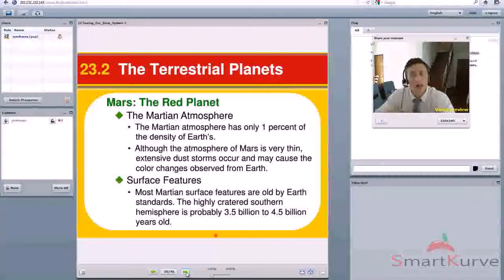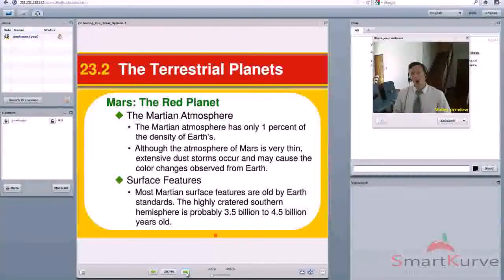Also, you can see in about the center, going across the middle of that planet, what's called the Valles Marineris, which is a very deep valley. And that valley is actually deeper than the deepest point on Earth, which is the Mariana Trench in the Pacific Ocean, where James Cameron just went a couple days ago.